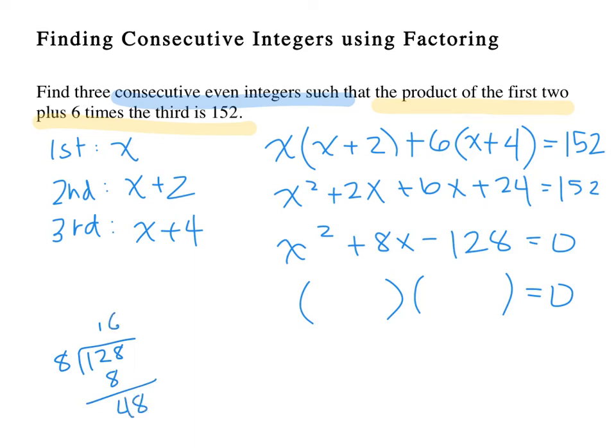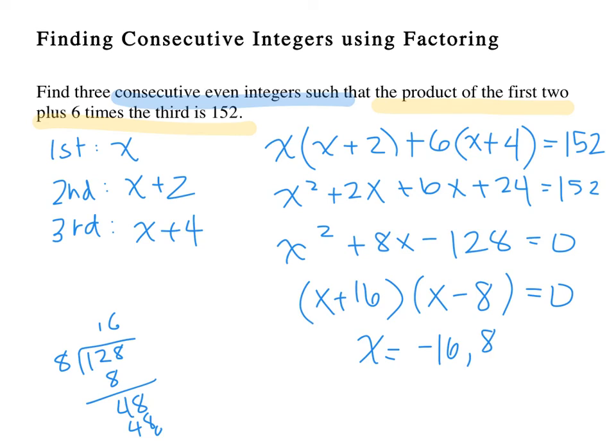Oh, this is actually nice. It works out. 16 and 8 will give me a difference of 8. So it's going to be x plus 16 times x minus 8. From here I'm given two values of x. Solving this, I have negative 16 and positive 8.